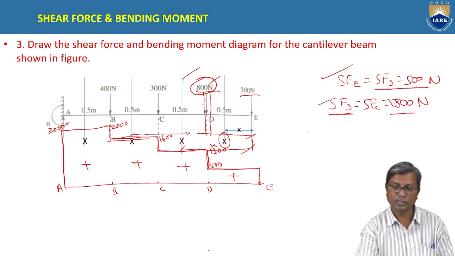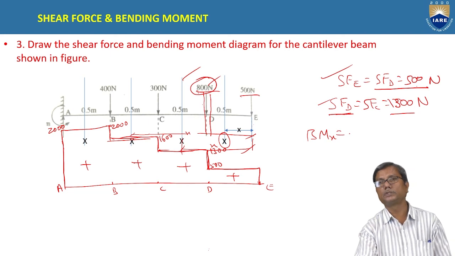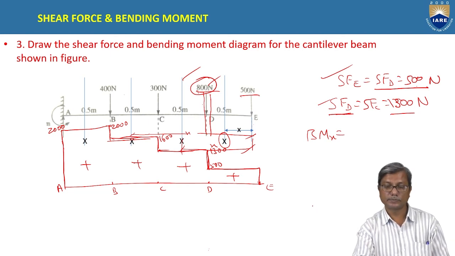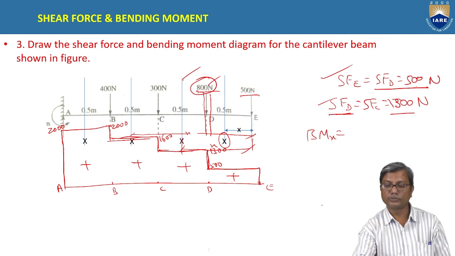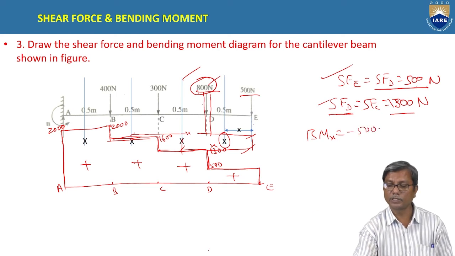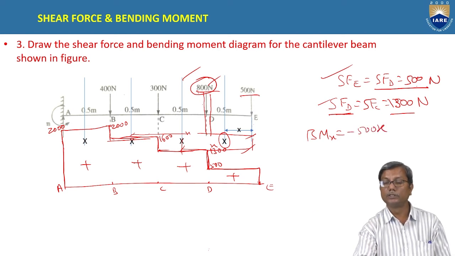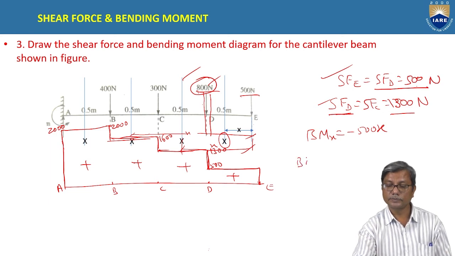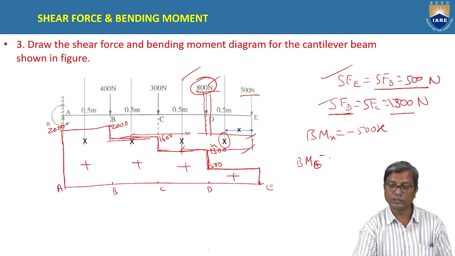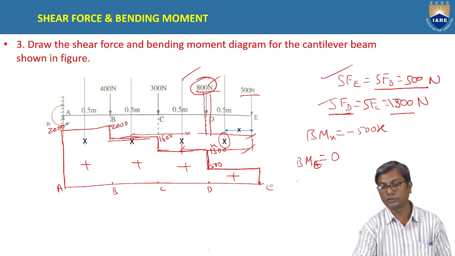What is the bending moment at X? Bending moment at X is minus 500 into X. Minus 500 into X. Okay. So bending moment at E, that is at X equal to 0, it is 0.